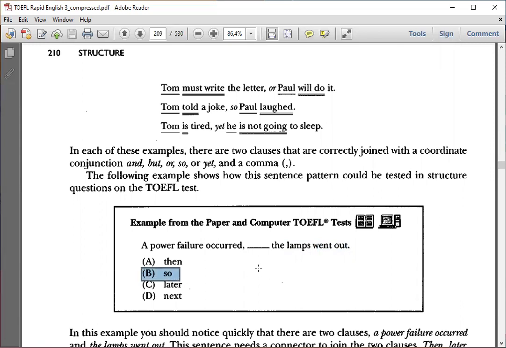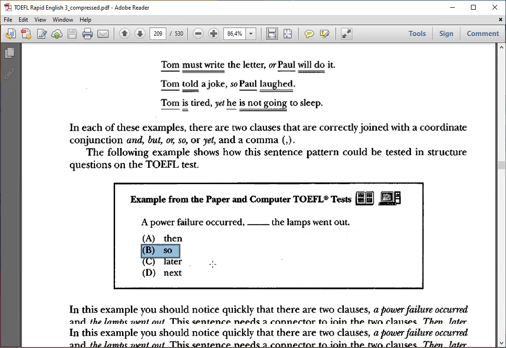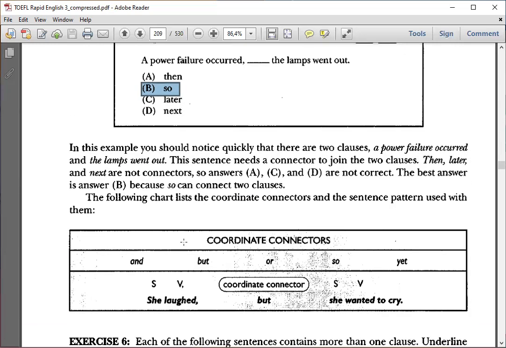Next, these are the keywords: coordinate connectors. There will be and, but, or, so, yet, and then you have to put a comma here. Why do we have to put a comma? This is to distinguish between coordinate connectors and adverbial connectors. Adverbial connectors, no comma.